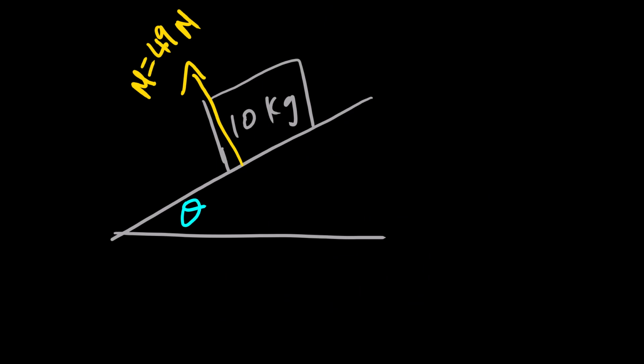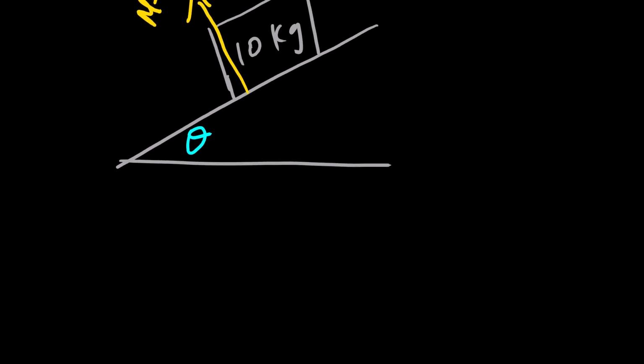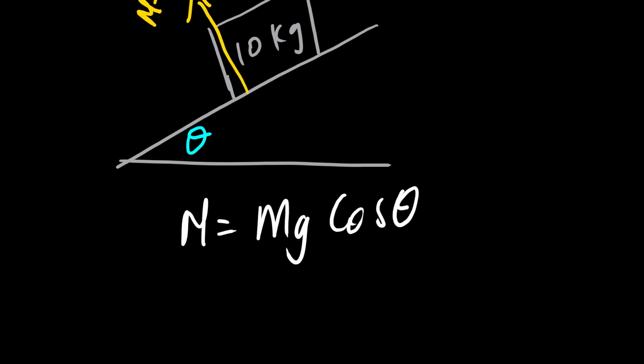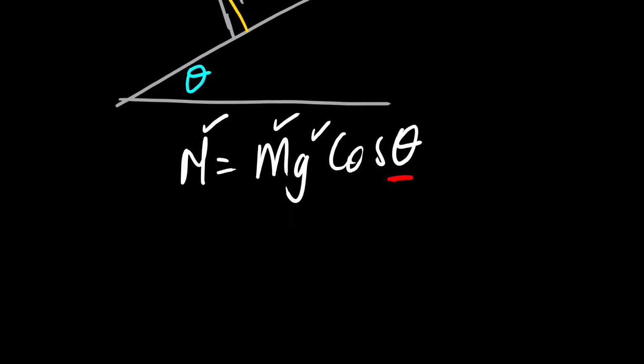This example is a bit different. You are given the normal force, you are given the mass, and then we need to calculate the angle of the incline. So we have normal force is equal to mg cos theta. We have this, we have this, we have this. We are looking for this. Now our normal force is 49.